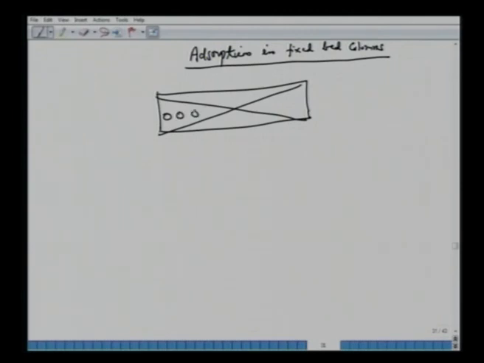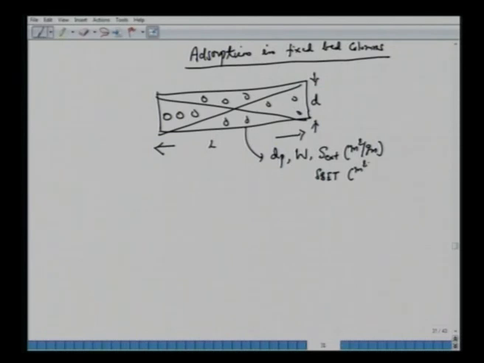It has length, say, L, and diameter D. Particle diameter, let's say, is dp. The total quantity is weight in kg. We can have external area, S external, in meter square per gram, and BET area, the total area for adsorption, in meter square per gram. Bed porosity epsilon B, particle density rho p.